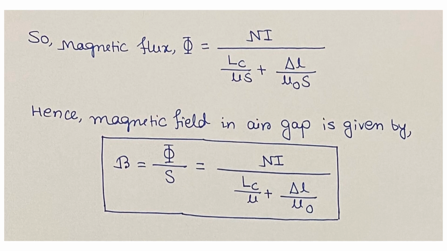So in our present configuration, the magnetic flux phi equals N times I, which is the mmf, divided by the reluctance of the circuit, Lc by μS plus ΔL by μ0 S. From here we can get the magnetic field in the air gap, that is B equals phi divided by the cross section S, equals NI divided by Lc by μ plus ΔL by μ0. So this is our formula for the magnetic field in that air gap.